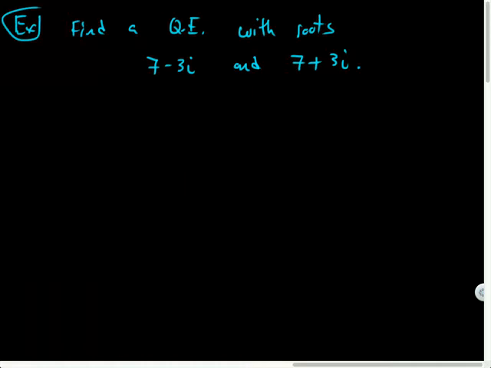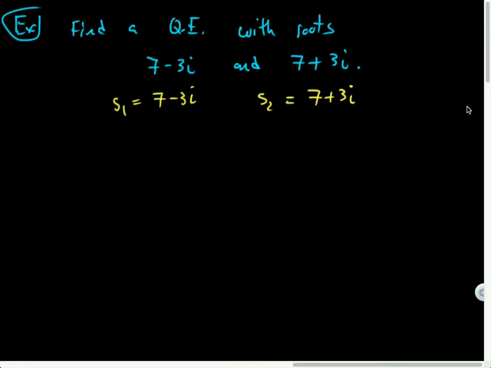What? So S1 is 7 minus 3i and S2 is 7 plus 3i. So this quadratic equation has complex roots, more specifically.